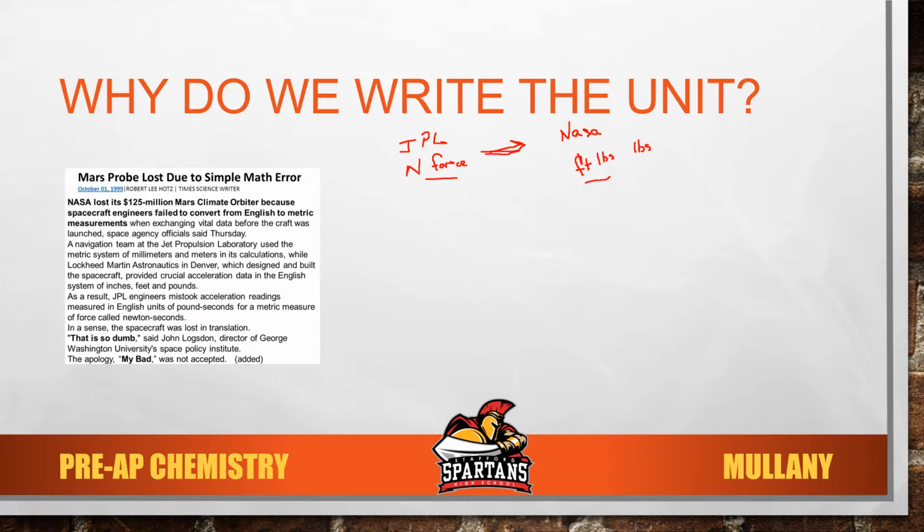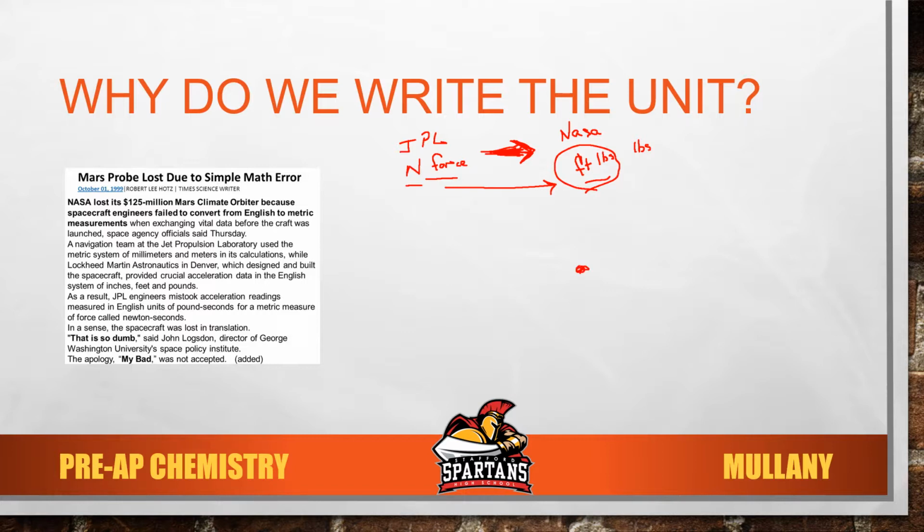The Jet Propulsion Laboratory did their consulting work for NASA about the force required to get the orbiter around and sent it to NASA, and the units weren't tracked. So NASA took the number, thinking it was in foot pounds, and put it into their calculations.